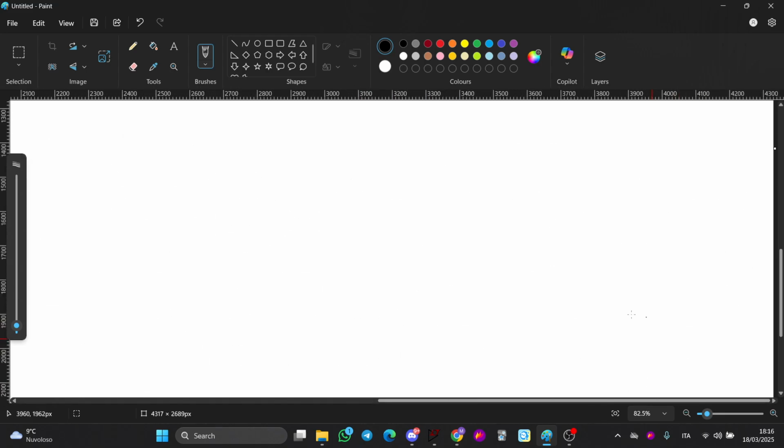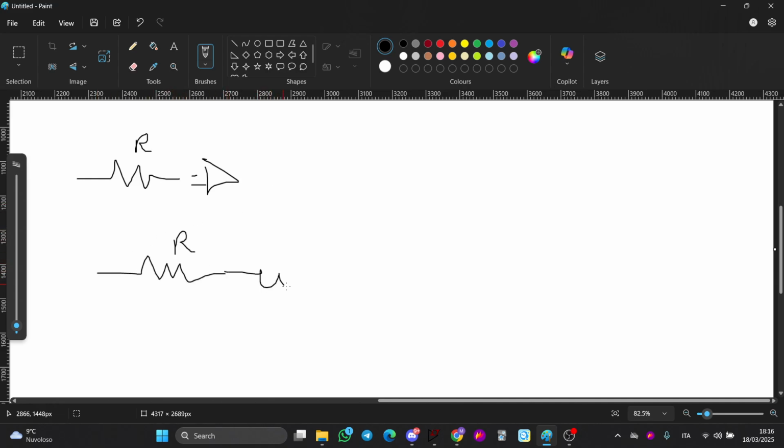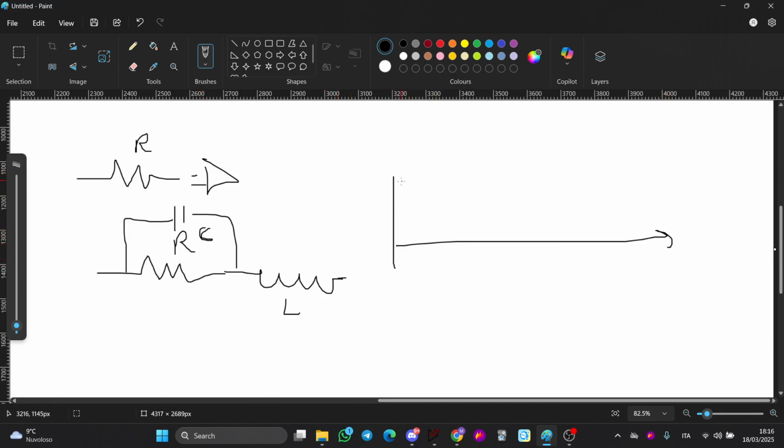So, here's the thing. The resistor R, in reality, is not just a resistor. It's a resistor plus an inductance plus another capacitor, C. And this will have a Bode diagram like this.